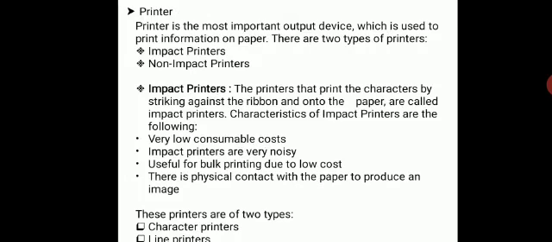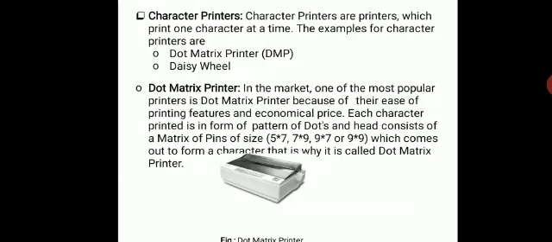There are two different types of impact printers. First one is character printer, another one is line printer. Character printers print one character at a time. Example, dot matrix printer, another one is daisy wheel printer.